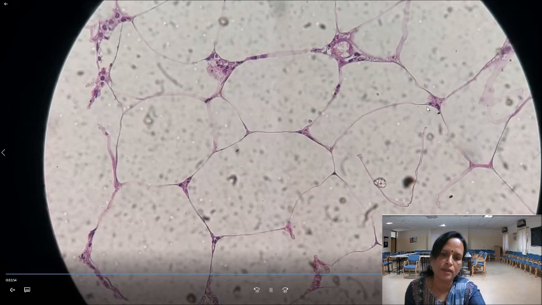Some eosinophils are normally there because of constant antigenic stimulation. See, so much of inflammatory cells. Okay, so this is again the low power view of acute appendicitis. So you're going to draw a neat diagram of this acute appendicitis.